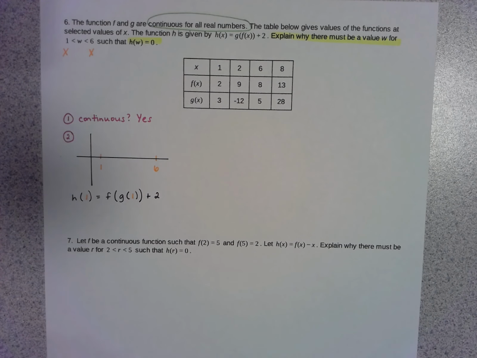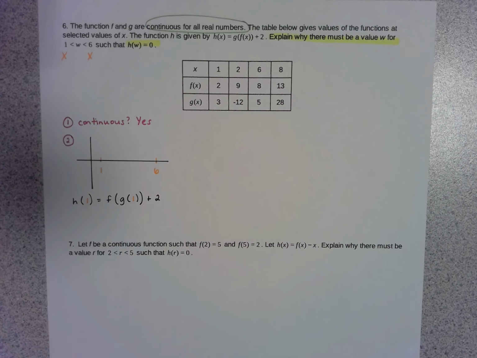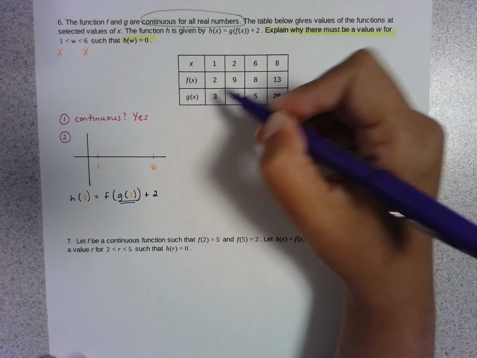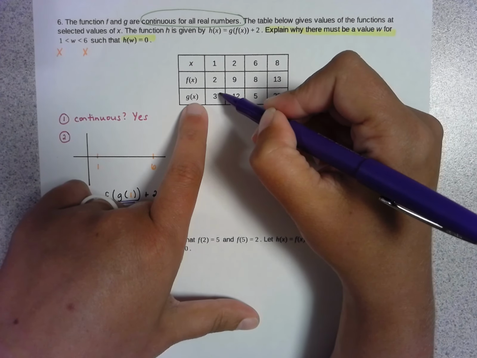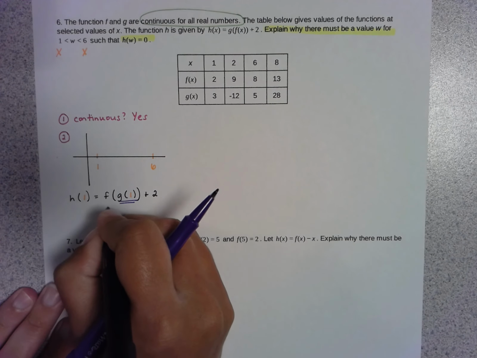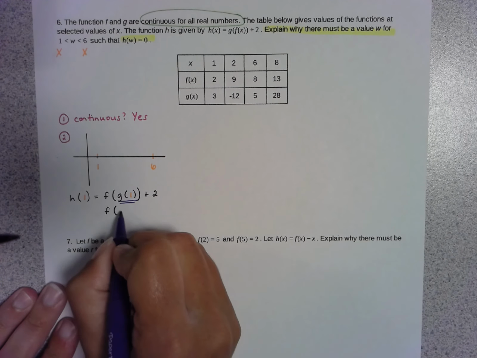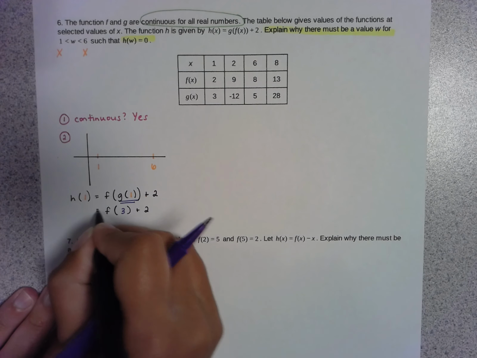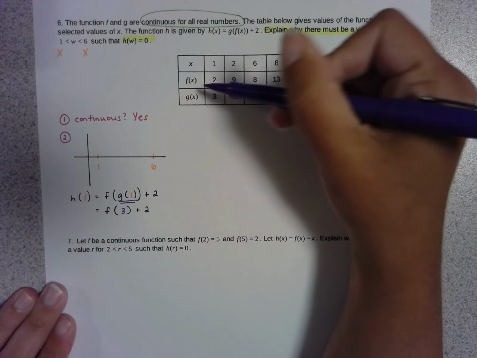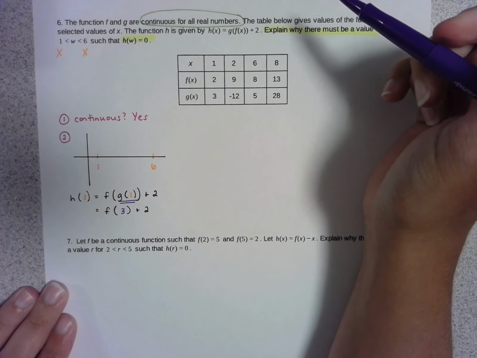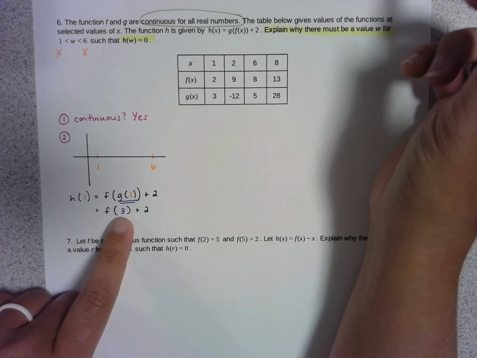So in the table, I can see that f of 1 would be in the f of x row when x is 1, and that is 2.